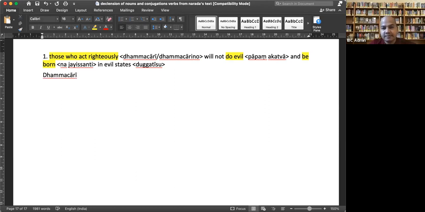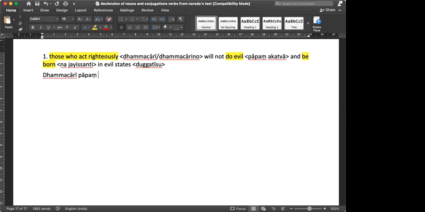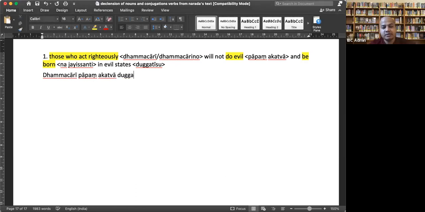Dhammachari papang akatwa duggatisu na jaisanti.